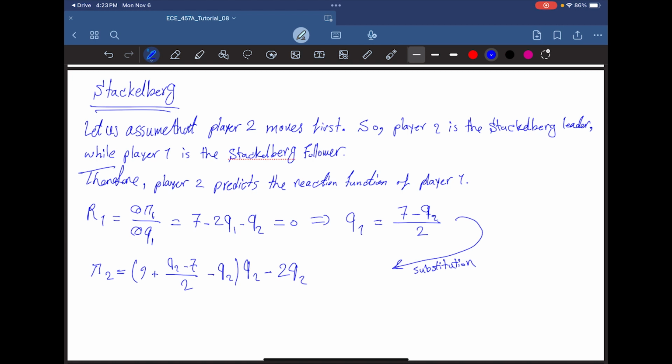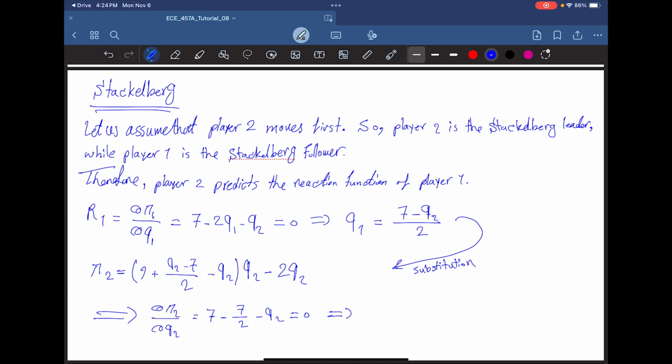And now, taking the derivative, or finding the reaction function, that would be 7 minus 7 over 2 minus Q2 equals 0.